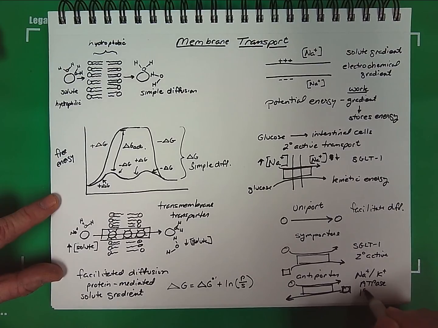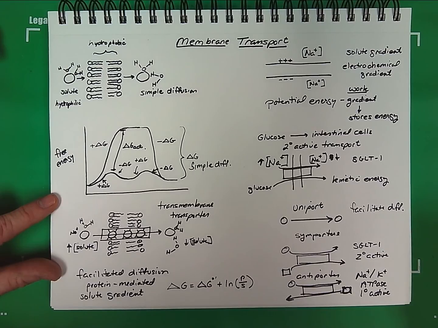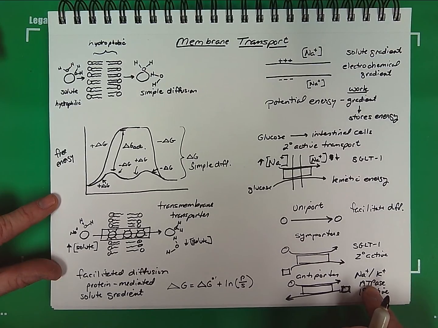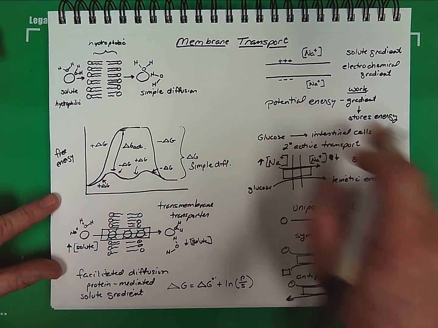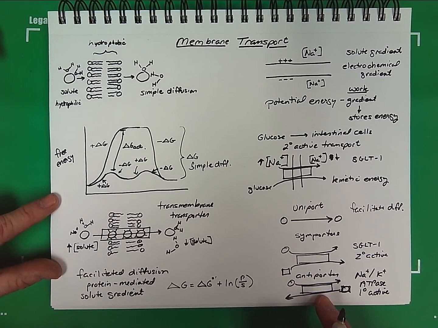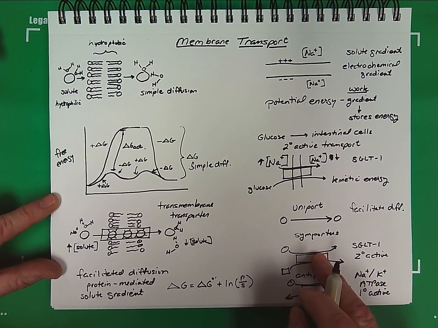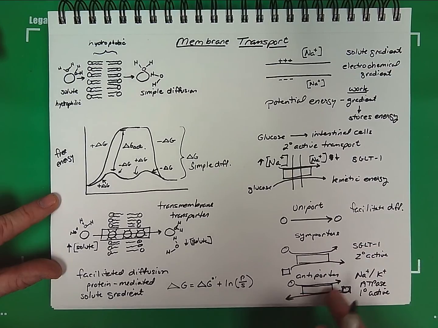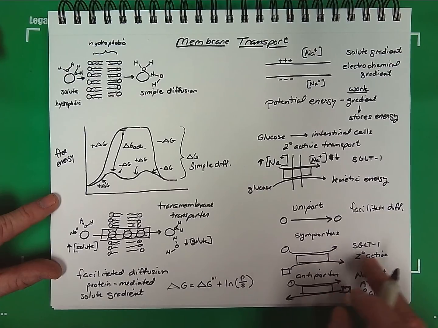So in this case, this is primary active transport. This particular primary active transporter is now transferring the energy from ATP into establishing the gradient. So we have stored energy in ATP that's being transferred into potential energy by forming the gradient. And then with the symporter, SGLT1, we are using the potential energy stored in this gradient to turn into kinetic energy to drive the entrance of glucose into the cell.